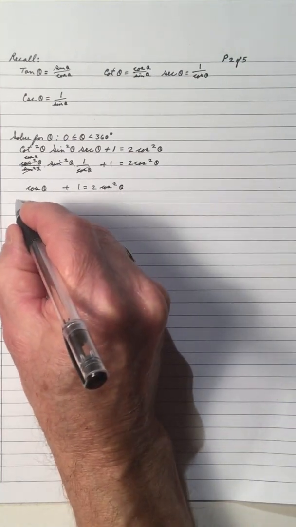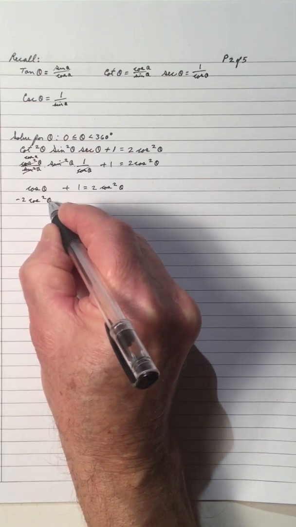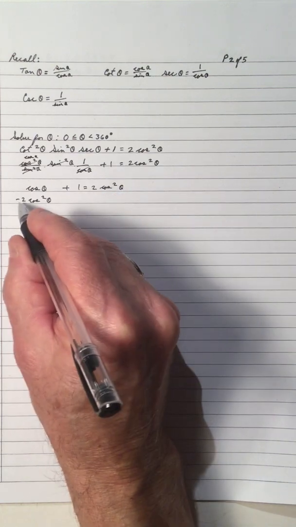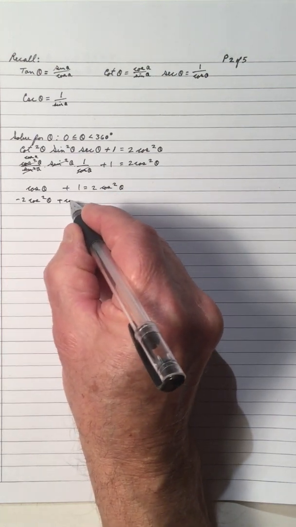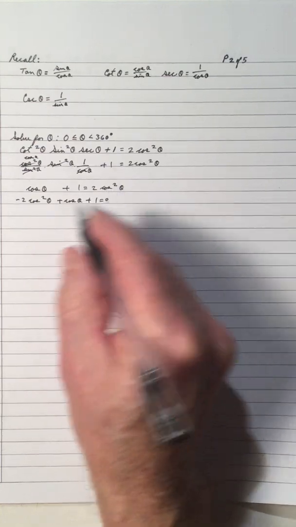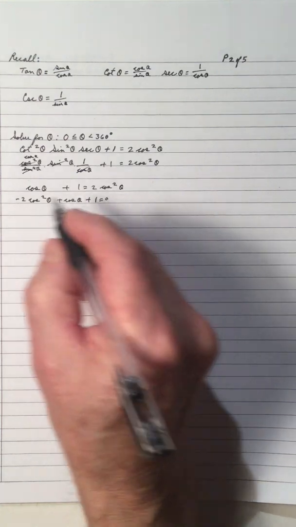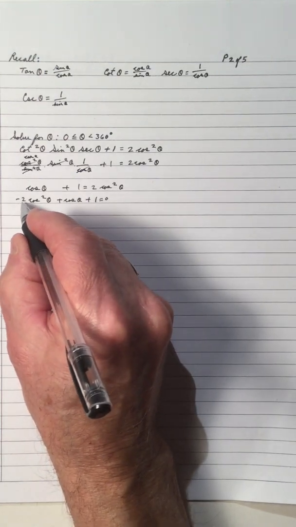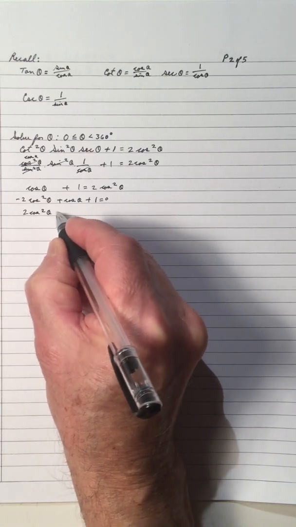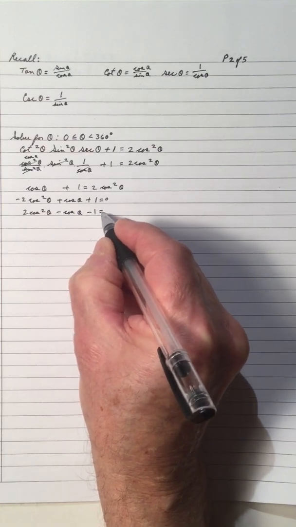Bring all terms to the left side, so make 2 cos squared theta negative: negative 2 cos squared theta plus cos theta plus 1 equals 0. I'm moving it in descending order: cos squared, cos, and a constant. Now I'll multiply by negative 1, so 2 cos squared theta minus cos theta minus 1 equals 0.